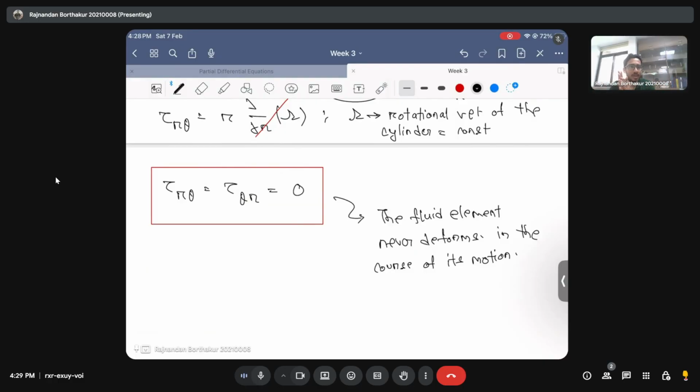That's the reason why at each and every point in its journey, the shape of the fluid element remains intact in its circular orbit. It's a special case where your fluid is behaving like a solid and is just rotating with a fixed angular velocity about its axis, which is the z axis in this scenario. So these are the two key takeaways that I wish to convey through this special example of this problem.